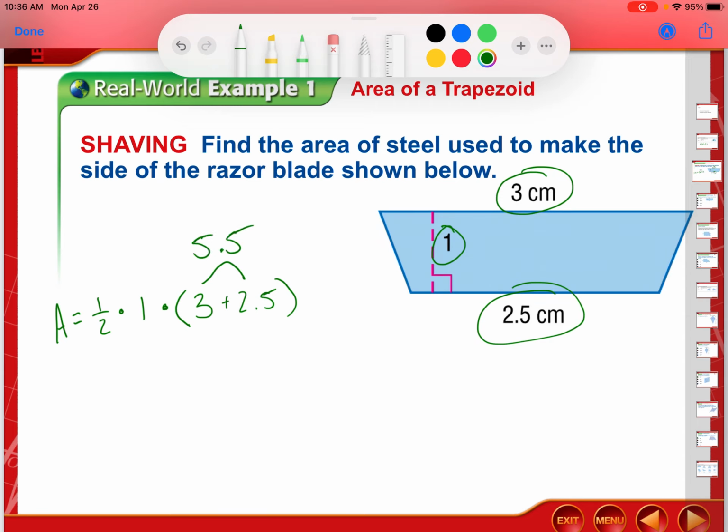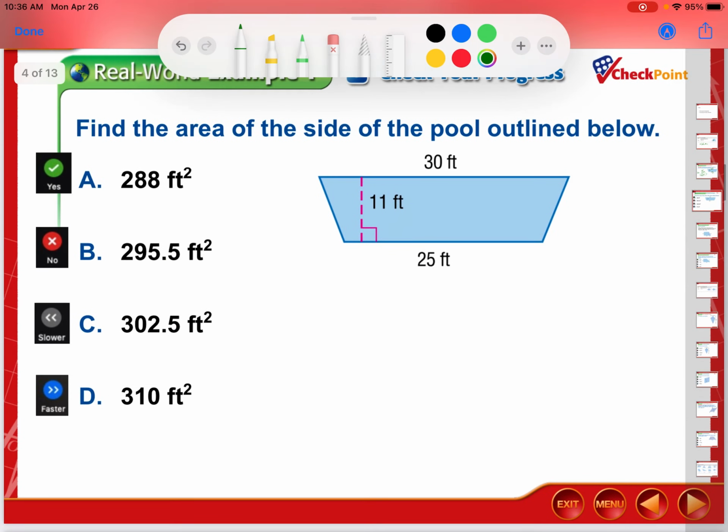So then I would go over to my calculator and I would do 0.5 times 1 times 5.5, and I would get 2.75. So my area would be 2.75, label centimeters squared. Just as simple as that.